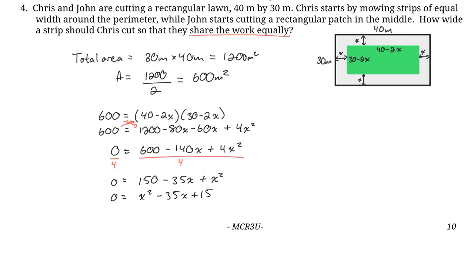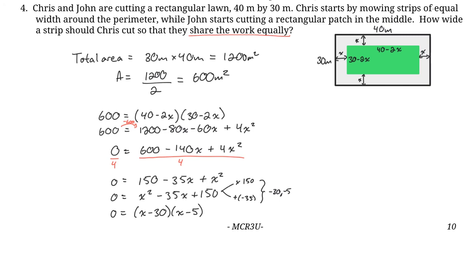And to solve this, we can actually factor it. So we're finding two numbers that multiply to give us 150, but when we add those two numbers, we get negative 35. And those two numbers are negative 30 and negative 5. So to rewrite this in factored form, it's just going to be x minus 30 times x minus 5.